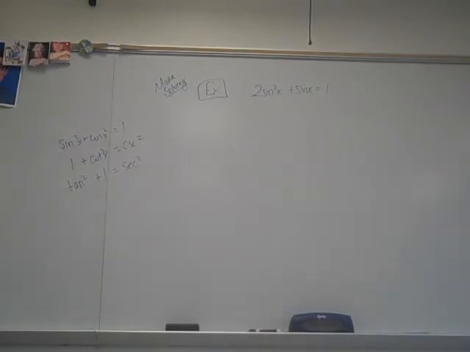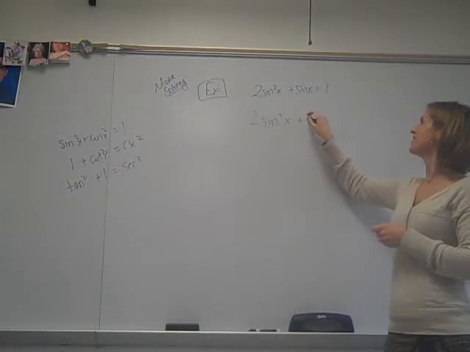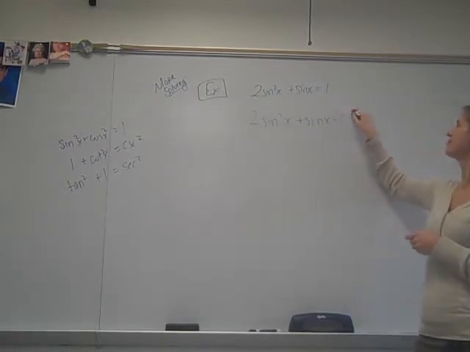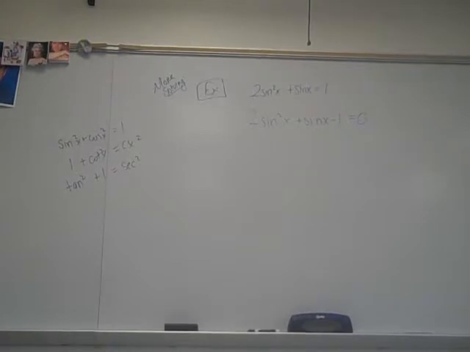This one's the same in that I'm still going to get everything to one side. But does this remind you of anything? Factoring. Remember those e to the x problems where we substituted a for e to the x, and then we had a nice quadratic? So you're going to substitute a for sine x.